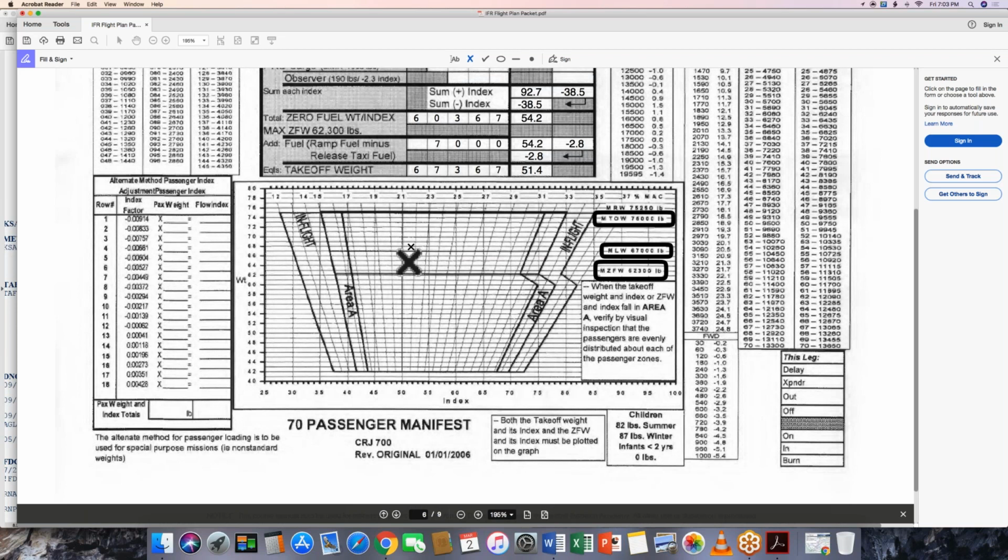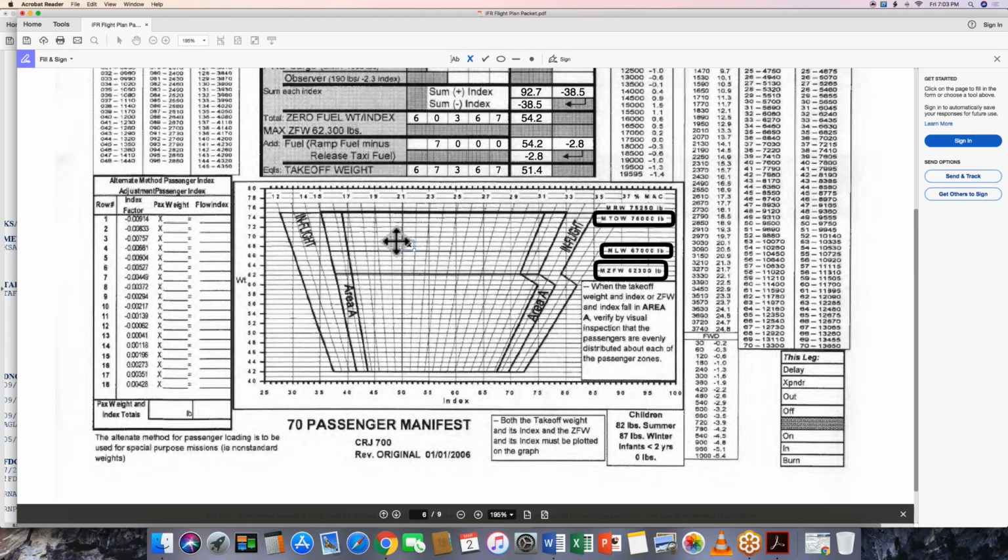So it's not going to increase the pressure or decrease it, it's just going to change that trim setting.